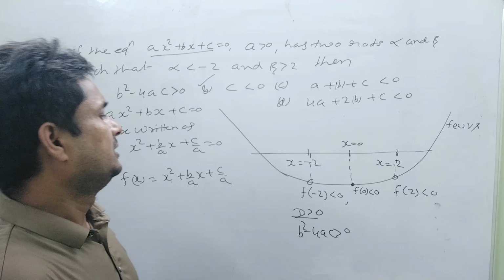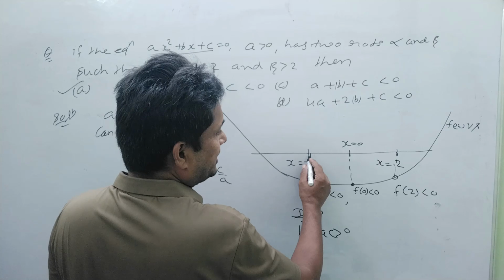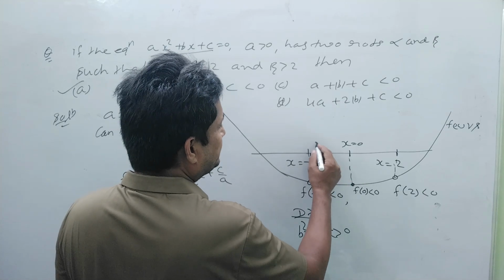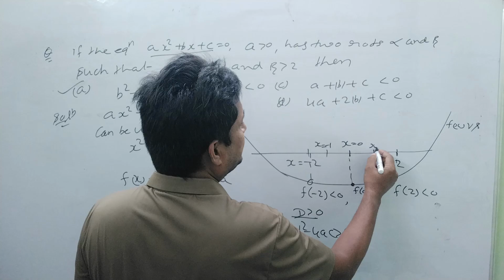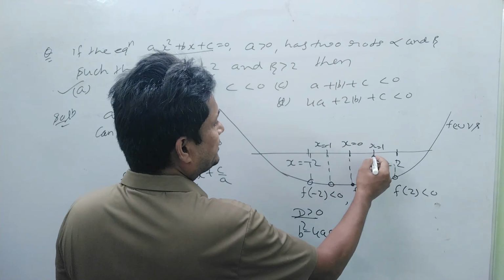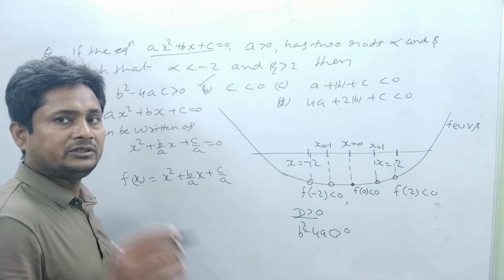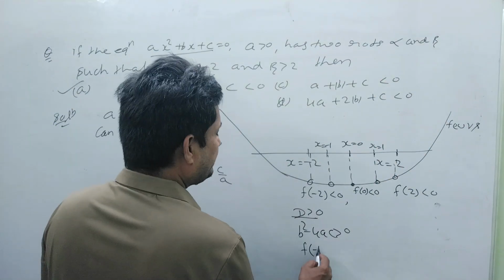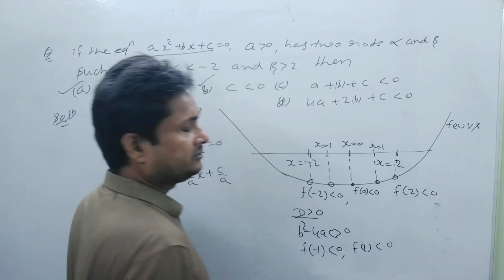How will you get? See here. In between minus 2 to 0, there will be x is equal to minus 1, and in between 0 to 2, there will be x is equal to 1. And at these two values, both are coming negative value. That means f of minus 1 is negative, f of 1 is negative.